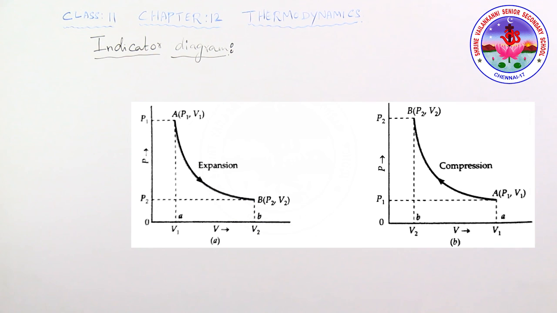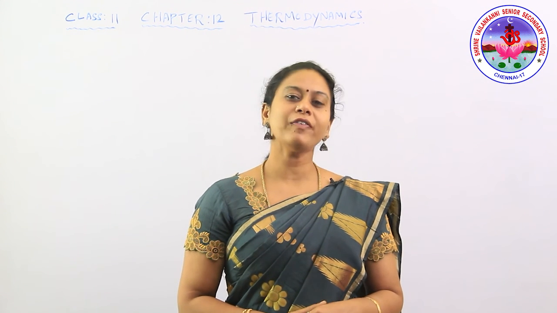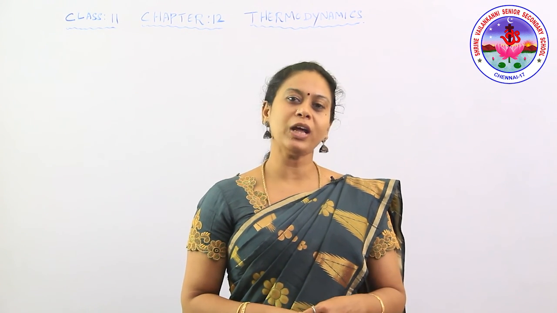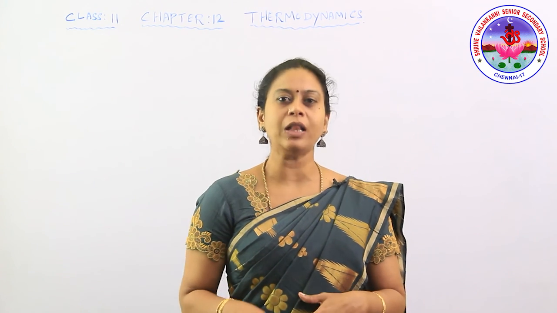So what is the importance of the PV diagram actually? The area under the PV diagram is numerically equal to the work done by a system or on the system, right?